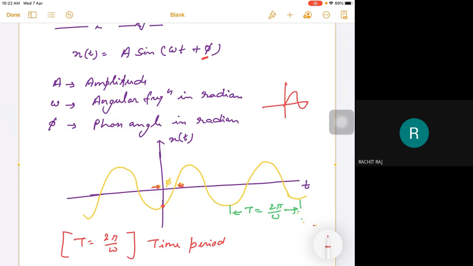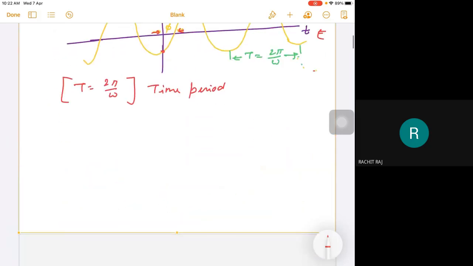Now the same, that is in the form of t, analog or continuous form. What will be the equation when the signal is in discrete form? You know that you have to replace t with n.